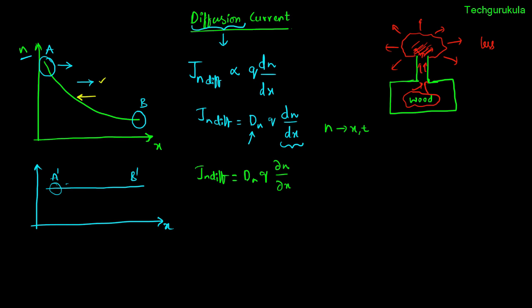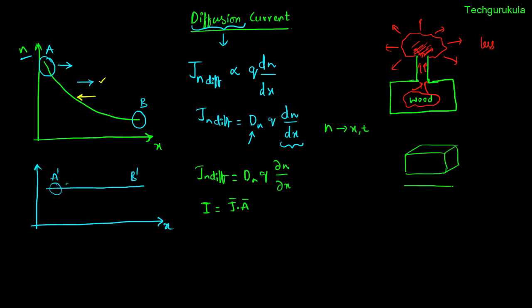And similarly, if you are interested in finding the current itself, the relationship between current and current density is I equals J times the cross-sectional area. Usually, J is a vector quantity, area is also a vector quantity, and current will be a scalar quantity. So what does this area mean? Let's say I'm taking a piece of semiconductor here.